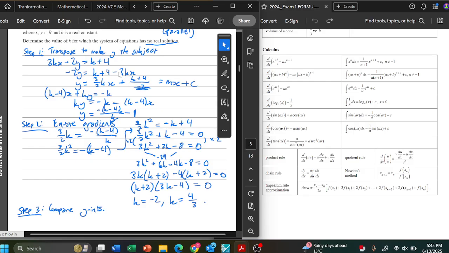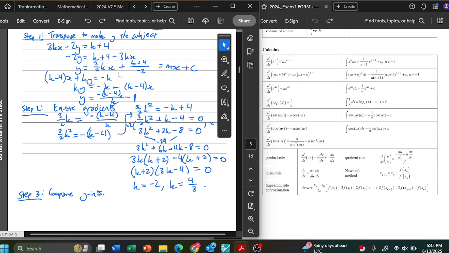So that's the y-intercept of that first equation. And negative 1 is the y-intercept of the second equation. So what we want is for the y-intercept of the first equation, which is k plus 4 over negative 2, we want that to not equal negative 1, right?